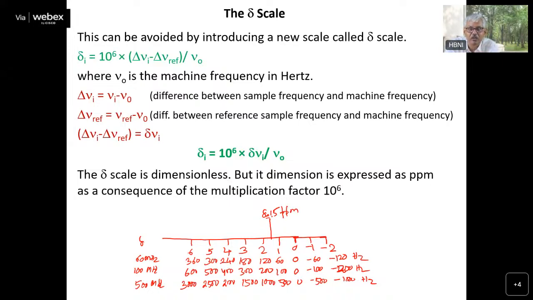If you keep the frequency scale, they will be different. In 60 megahertz, let us say it is coming at 90 hertz, at 100 megahertz it will come at 150 hertz, at 200 at 300 hertz, and at 500 it will come at 750 hertz. But in delta scale they will remain constant. So moving from the frequency scale to the ppm scale has the advantage.